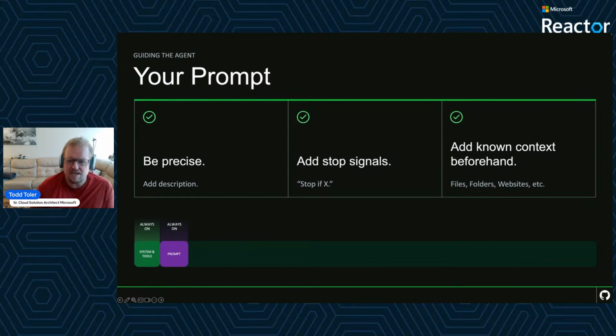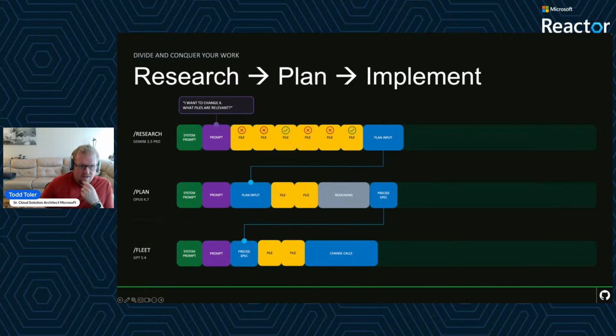Especially if you know it's going to be a long, drawn-out session where you're talking with Copilot consistently, you want to have the right context in place in the beginning so that you can be as precise as possible. Give it exactly what you need, but not anything more.